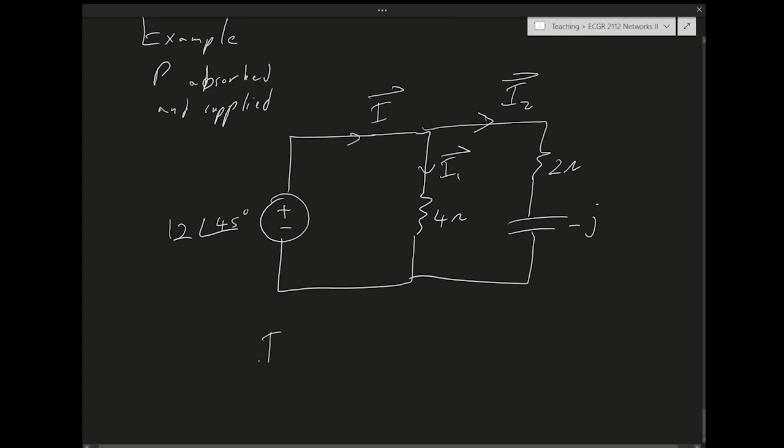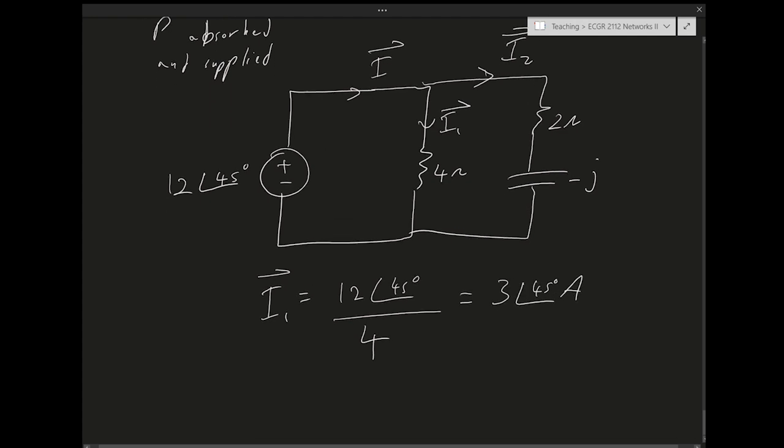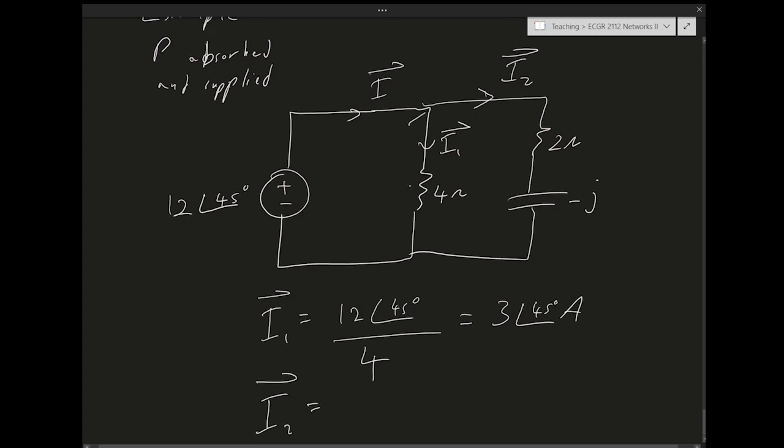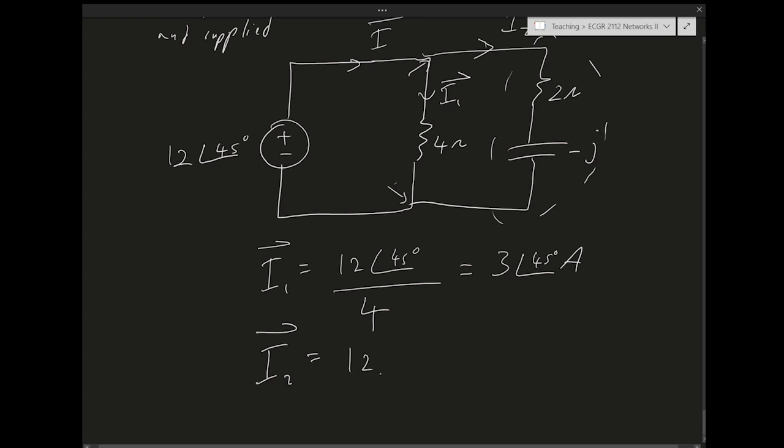I1 is just going to equal 12∠45 degrees over the resistance, 4, by Ohm's law. This equals 3∠45 degrees amps. And then I2 is just going to equal this voltage divided by this impedance, 12∠45 degrees over the total impedance, 2 minus j.